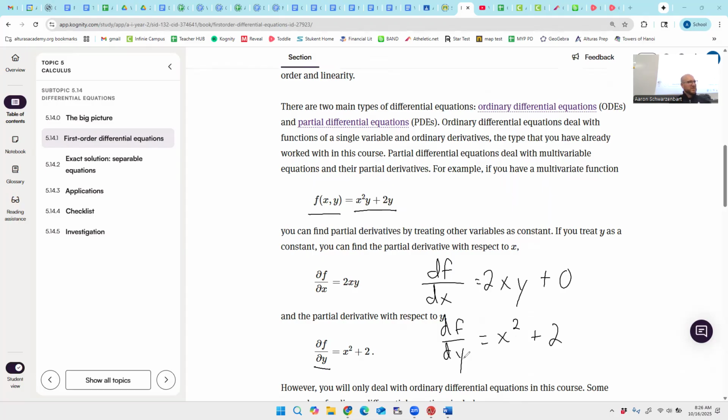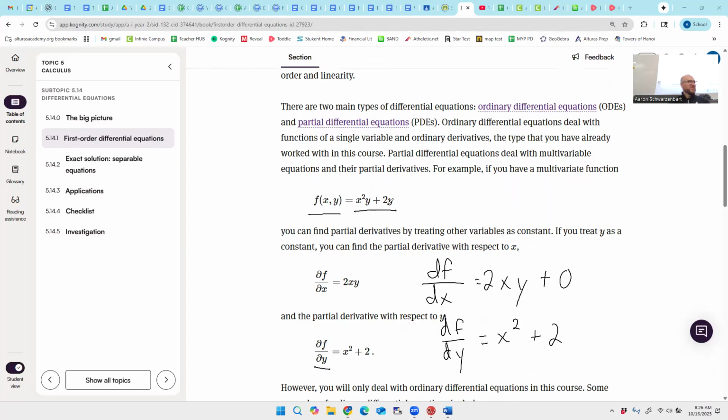Does that kind of make sense? So this was not a y equals like we would do implicit. Y equals x squared y plus 2y. This was a function of x and y. So that would show up like on a 3D graph, z of x, y. Okay, wait, what just happened with the df dy? We treated y as our variable and x as a constant. So derivative of constant y is just the constant, which is x squared.